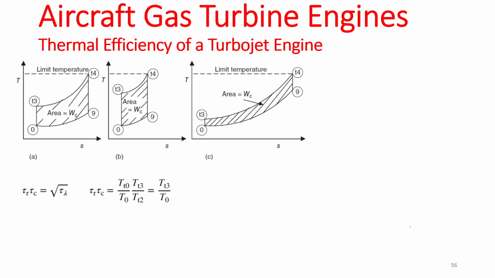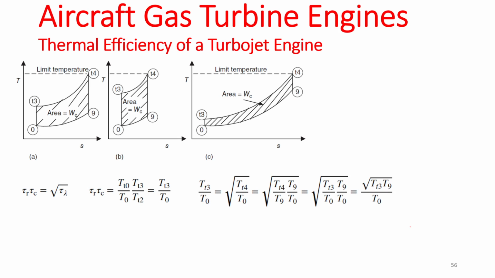Okay, so we want to get somewhere with this discussion. We have already discussed most of these parts. You can replace the taus with their temperature counterparts. And so let's do it, right? So our tau C is Tt0 over T0 multiplied by T3 divided by Tt2, right?